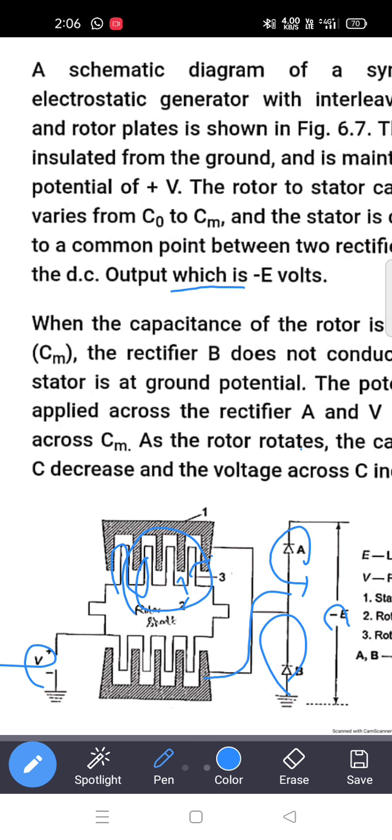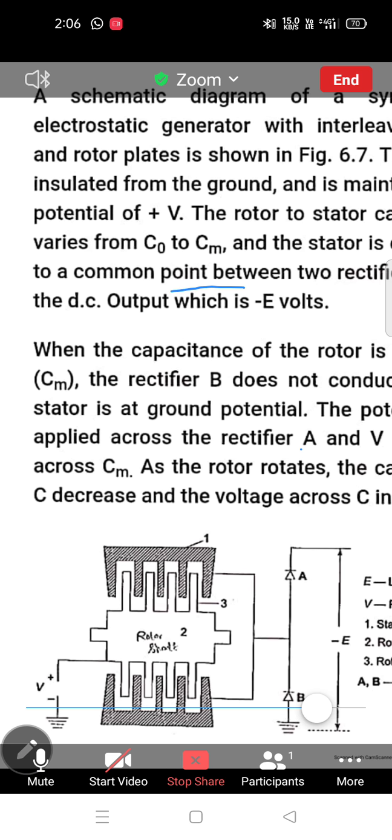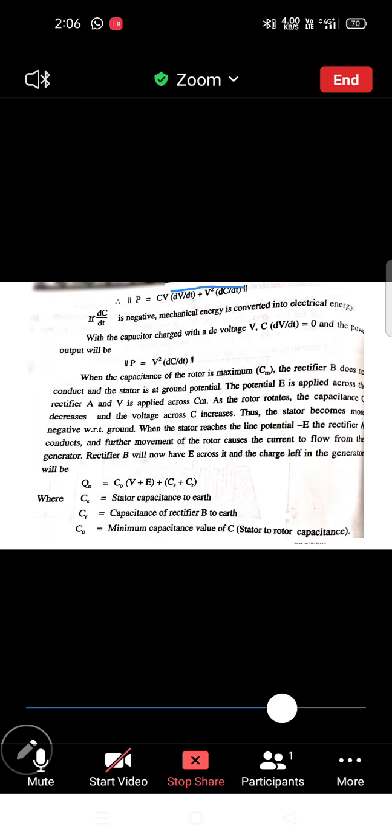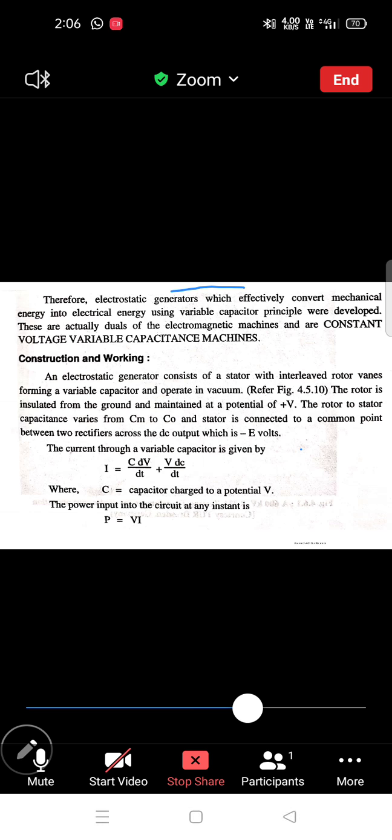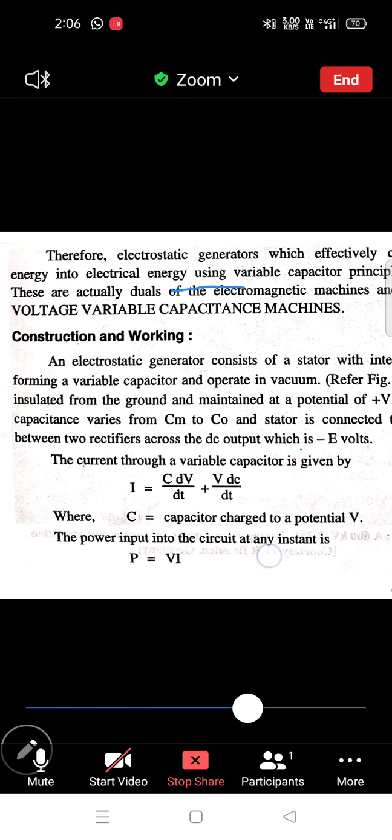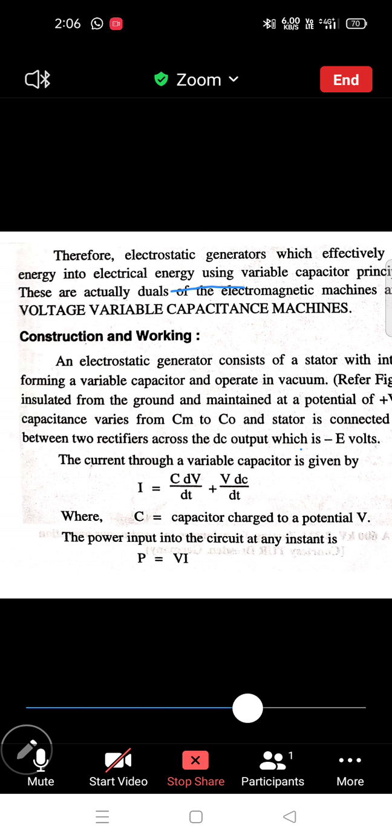So the current through the variable capacitor is I equal to C dV/dt plus V dC/dt. Here C is the capacitor charged to a potential V.